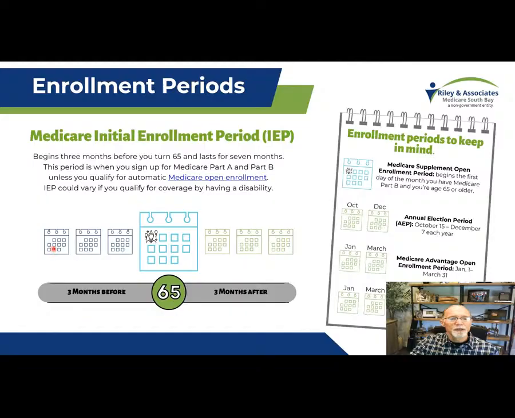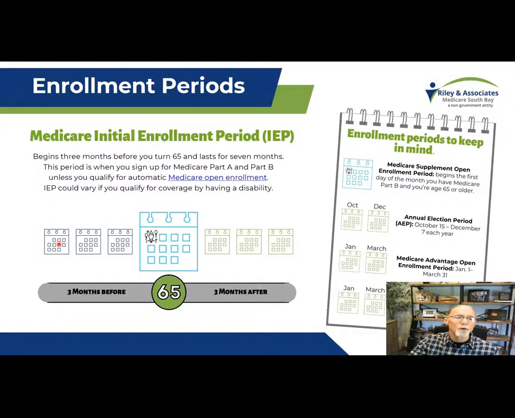You're going to sign up usually 2 to 3 months prior to that birthday month. Your Part A and B will start on the first day of the month, so say it would be April 1st. However, if you were born on the 1st, it's actually going to start a month earlier, just so you know.